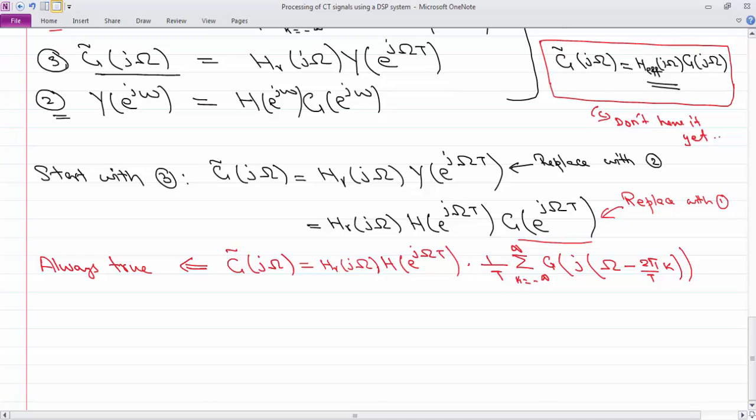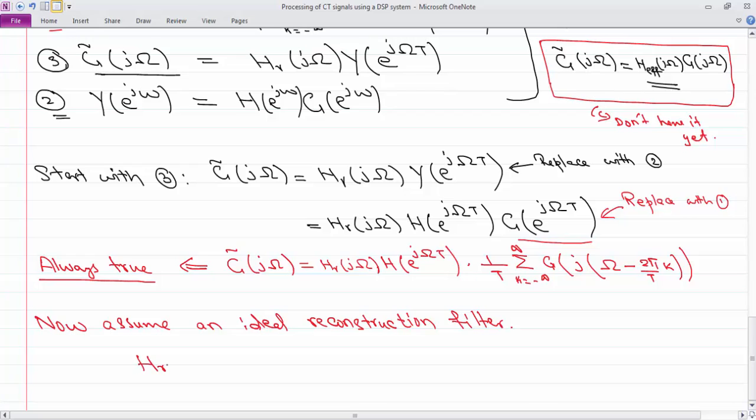So now we specialize to the case of an ideal reconstruction filter. I just want to remind you, this expression is always true. Now assume an ideal reconstruction filter. So an ideal reconstruction filter is Hr j omega equal to T for omega less than or equal to pi by T and 0 otherwise.